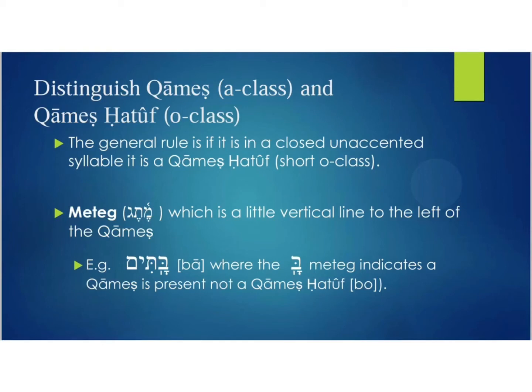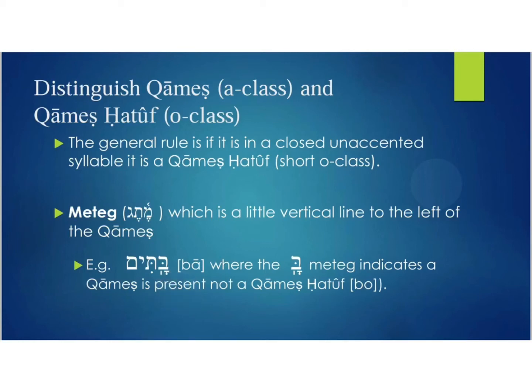Now, let's look into another grammatical aspect, called metek. Metek is nothing but a vertical stroke line to the left of qamets. Now, look at the example here. Under beth you have a vertical stroke next to qamets.